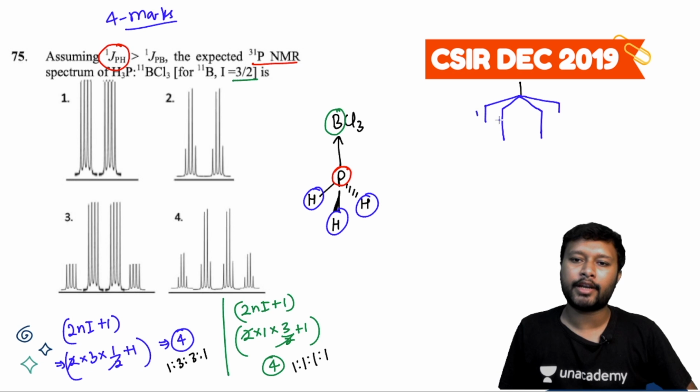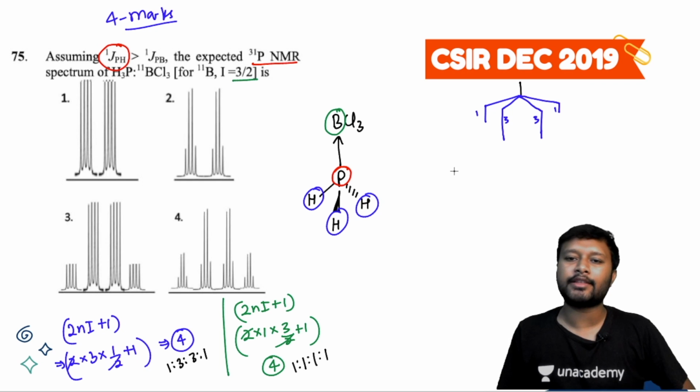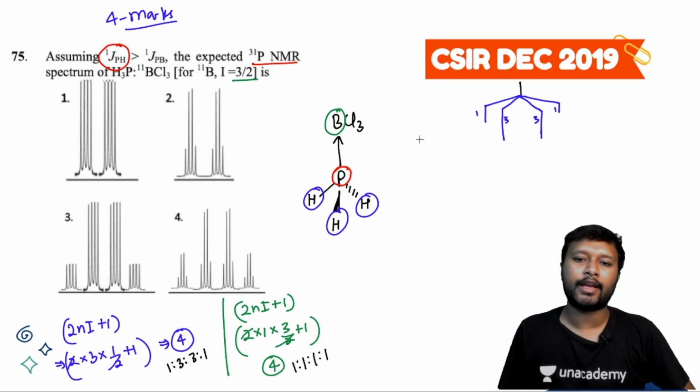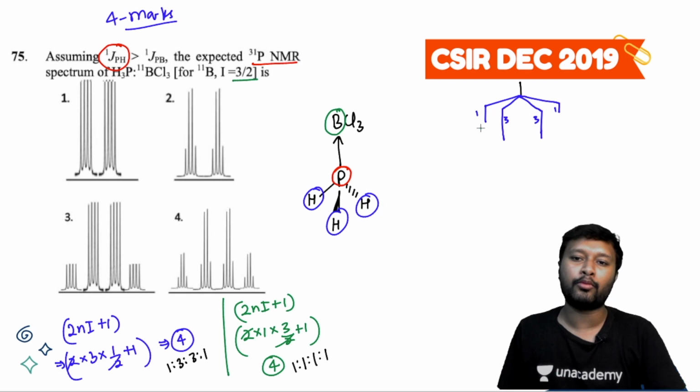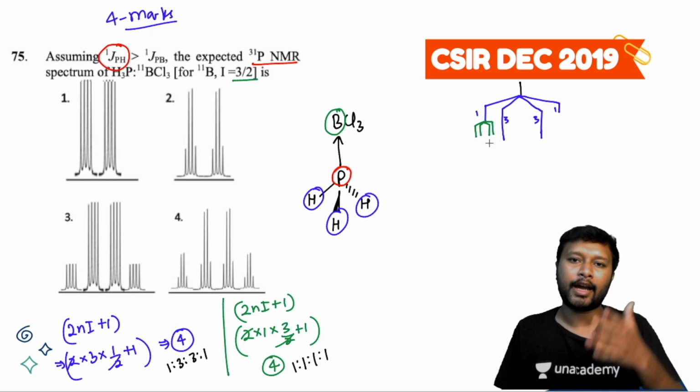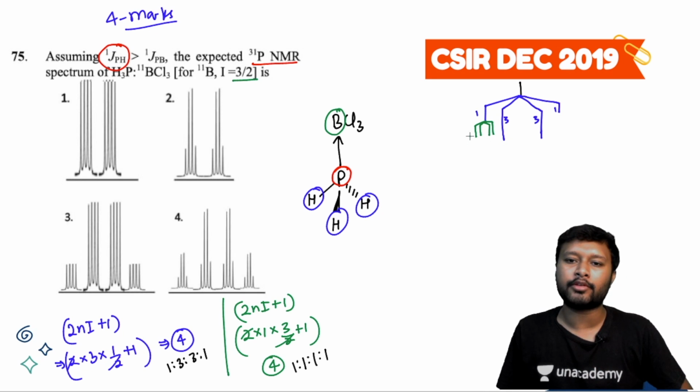I'm writing that adjacent to it. Next, boron has split these lines again into 4 more lines. What about the height of the lines? That is going to be equivalent, because the ratio is 1:1:1:1. This is how each has been split into 4 lines.